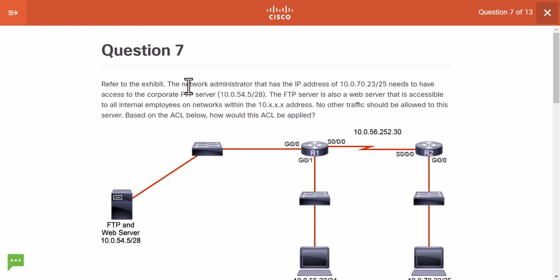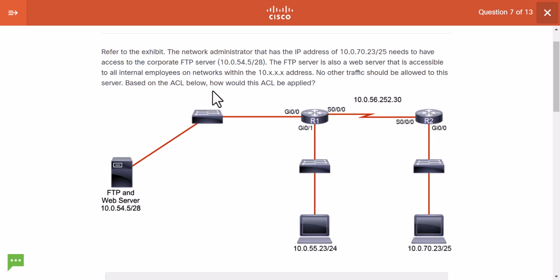Refer to the exhibit. Again, the network administrator has the IP address of 10.0.70.23/25 to have access to the corporate server, 10.0.54.5, to access the FTP server.